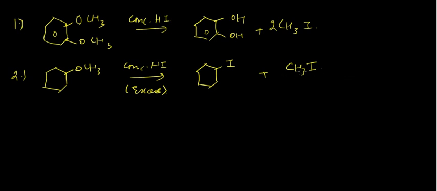I hope you are getting why we are getting CH3I here, because initially it would be removed as CH3OH, but due to excess of HI, this again would be converted into CH3I, and H2O would also be formed.